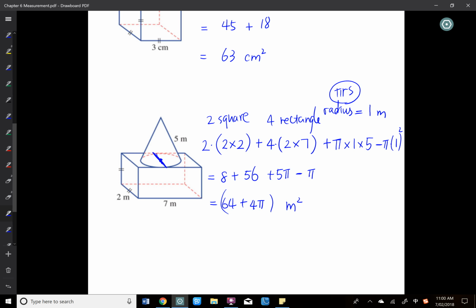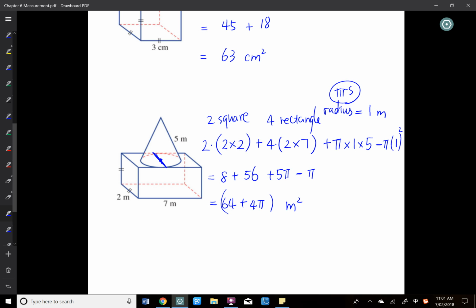That's 4 rectangles. Also, we have this sector. Okay, if we expand that, that's a sector. So the sector has the formula pi r s. We know the slant height is 5, but what's the r? What's the radius? We can see this is a circle touching the 2 ends of this rectangle.